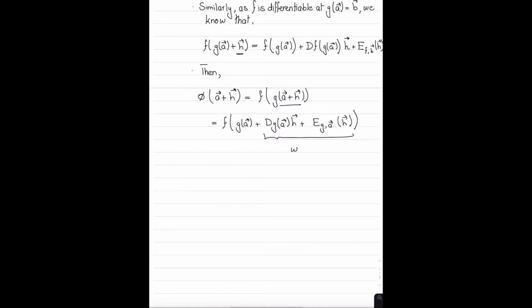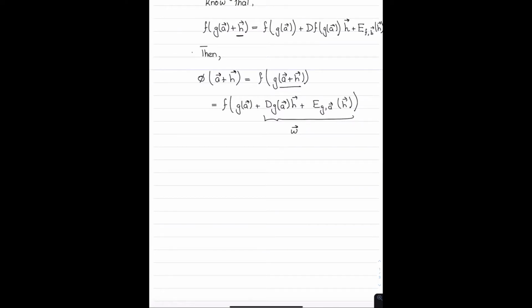So this is essentially equal to f evaluated at g of a plus the vector w. And now we can expand f at g of a plus w using this expression. The only thing we need to do is replace h with w.